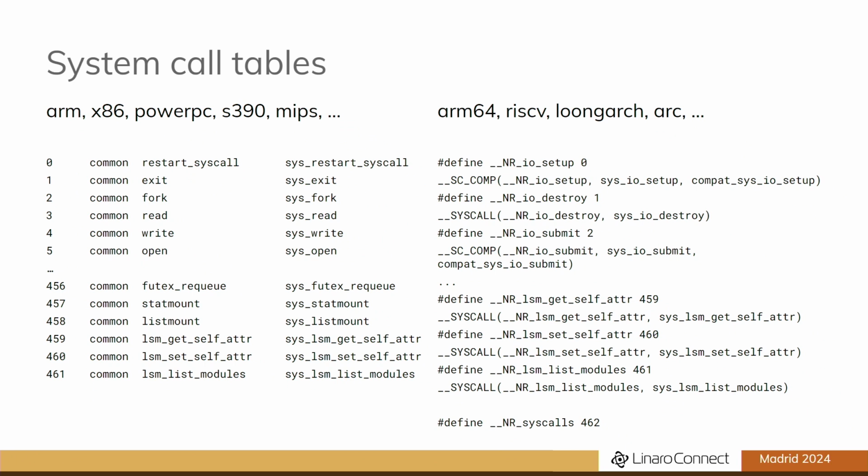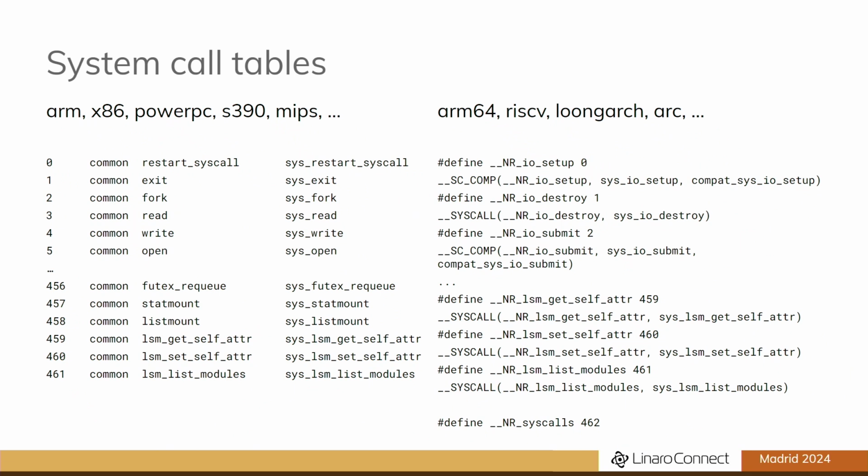So you have the system call number, you have an ABI qualifier that says what type of ABI this is, and these are all common ones. We have a number, we have the name of the macro, like the __NR_read that we saw earlier, and then we have the name of the system call function in the kernel. Most of them match, but not all of them.